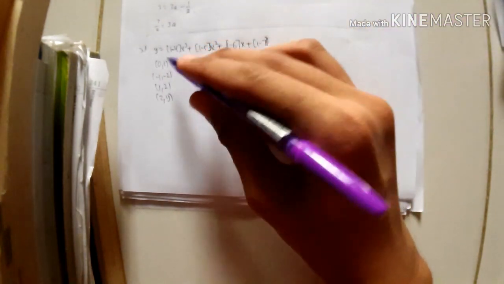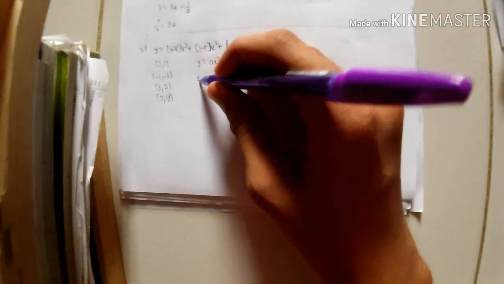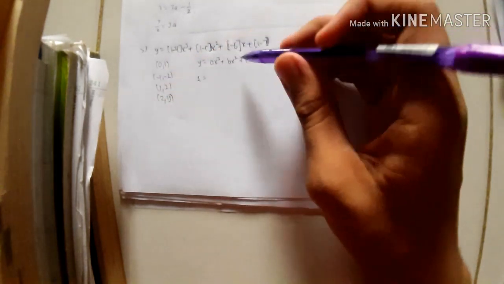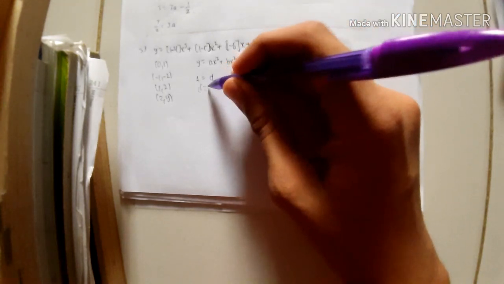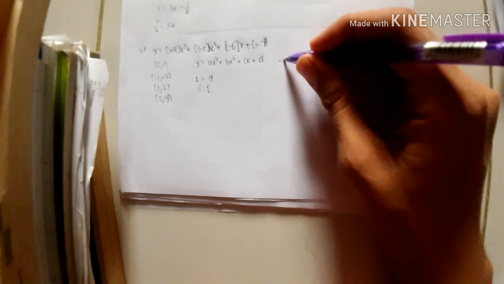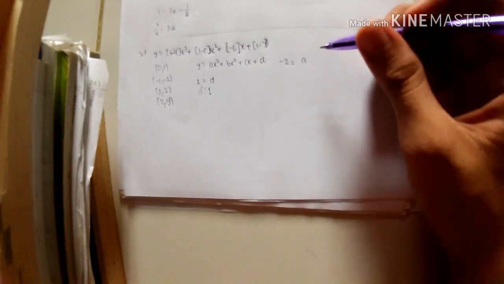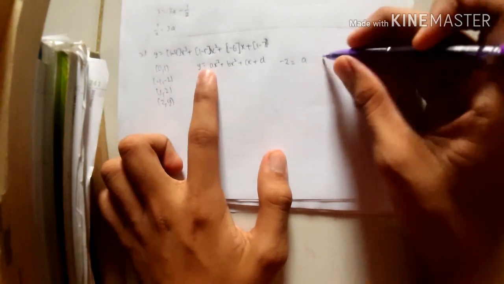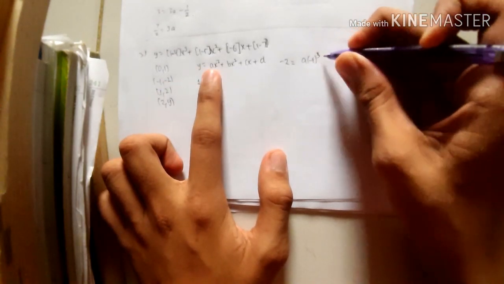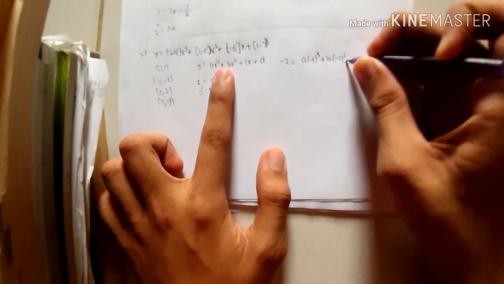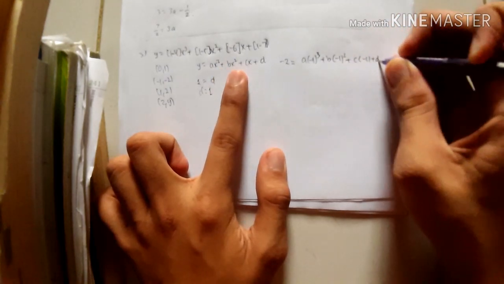So for 0,1, the y is 1 and the x is 0. So 0, 0, 0, and the rest is d. So d is 1, and now we have minus 1,minus 2. If we make y minus 2, it is equal to a, we put the minus 1 in, so a times minus 1 cubed plus b times minus 1 squared plus c times minus 1 plus d.